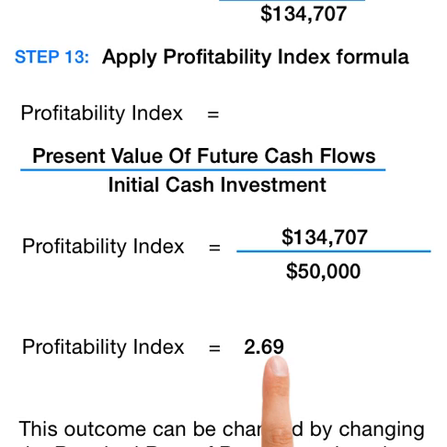And if it is below 1.0, it means you have failed to meet your goal. In this case, our required rate of return is 10%, which means 2.69 means that we have exceeded our required rate of return.